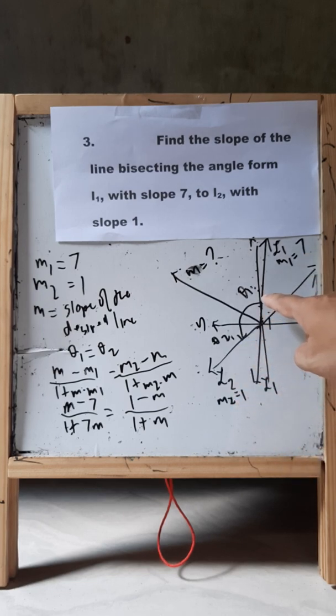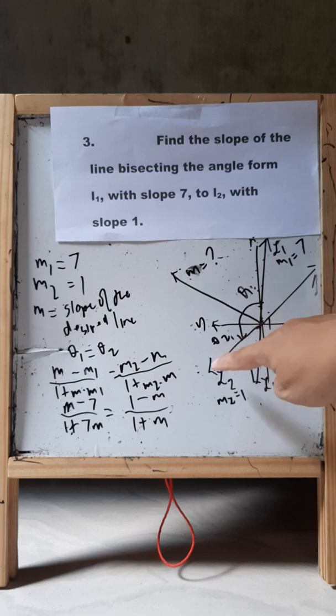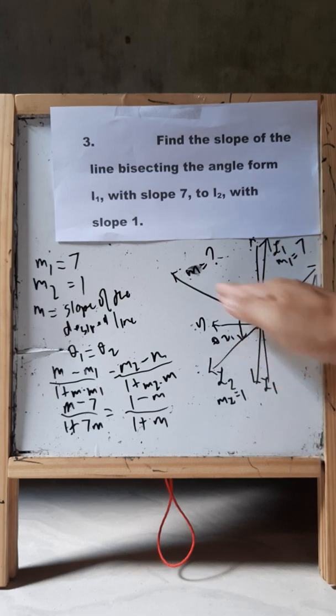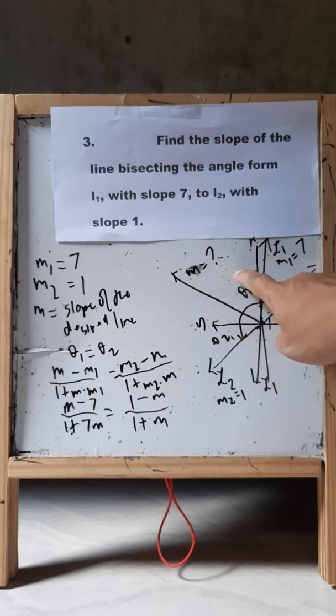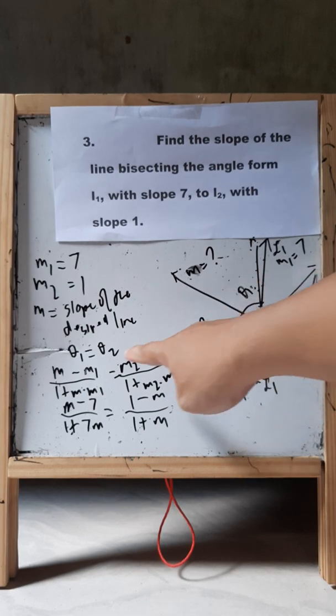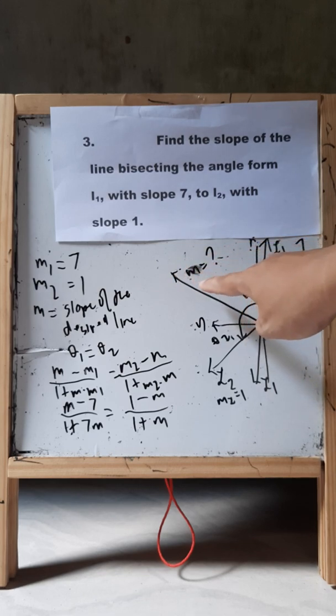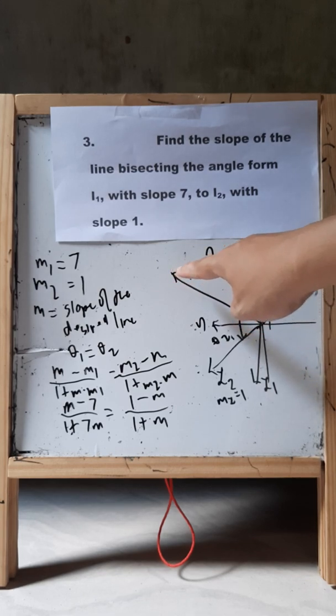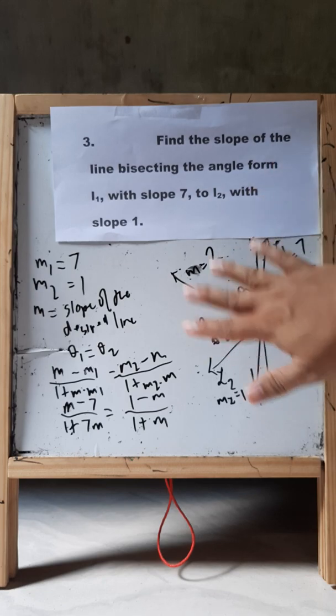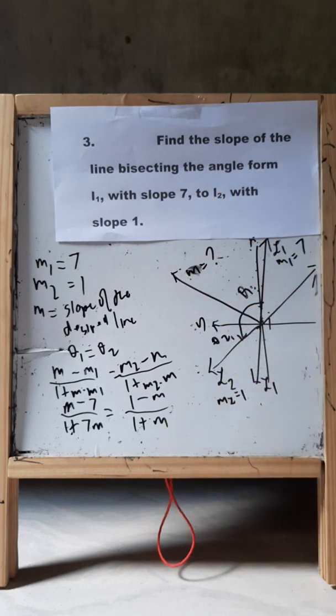And then the angle formed from line 1 to line 2 is the obtuse angle. Then if we bisect that, it will form two equal angles. Theta 1 is equal to theta 2. So the question is, what is the slope of the angle bisector here? We'll erase this part now to solve for the value of M.